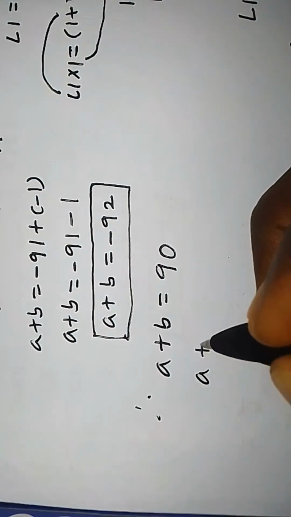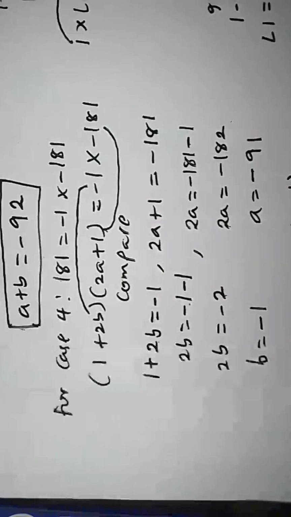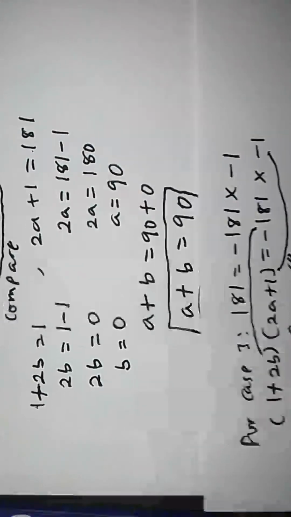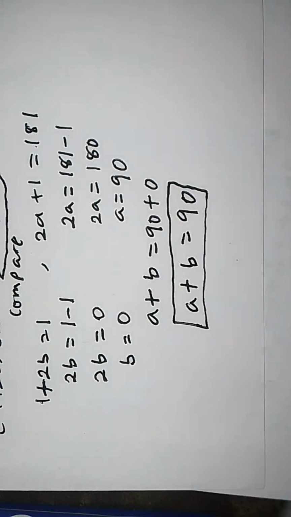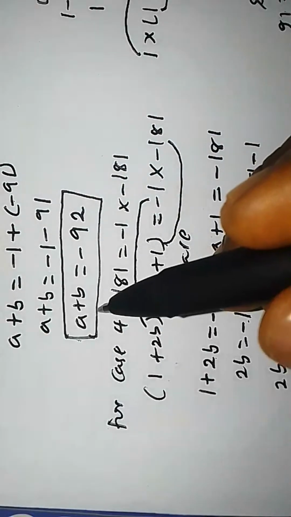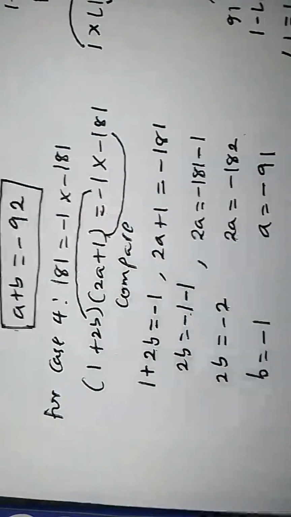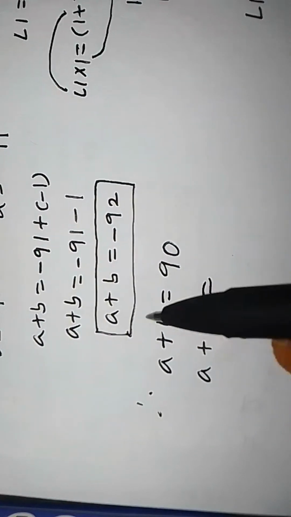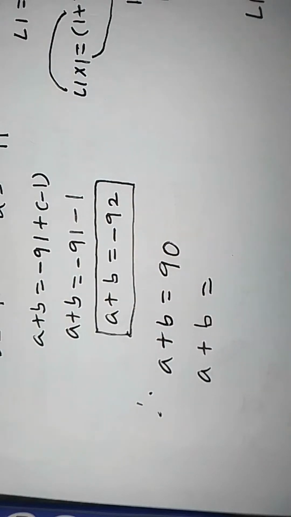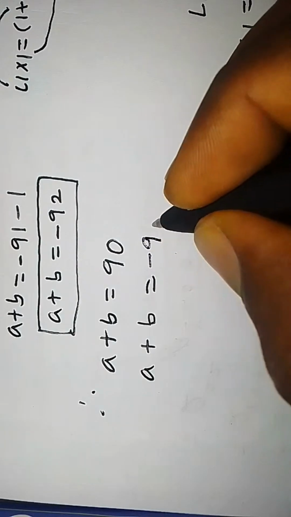Also, a plus b is equal to, let us check the third case. Okay, it's here. Third case, we got a plus b to be equal to minus 92. And also in the fourth case, a plus b equals minus 92. So we have a plus b to be equal to minus 92.